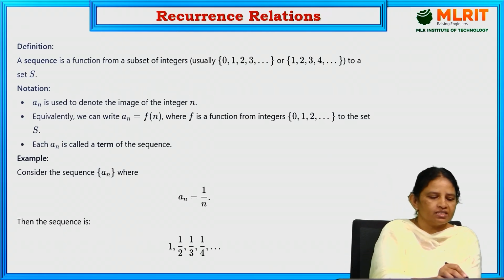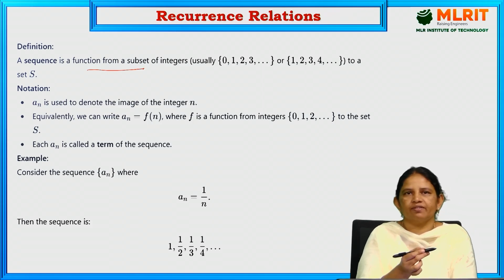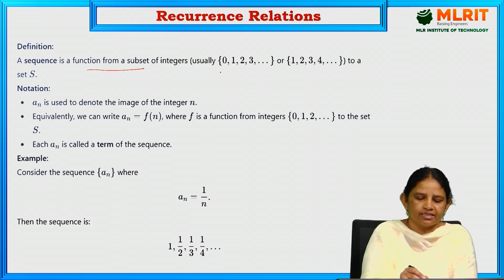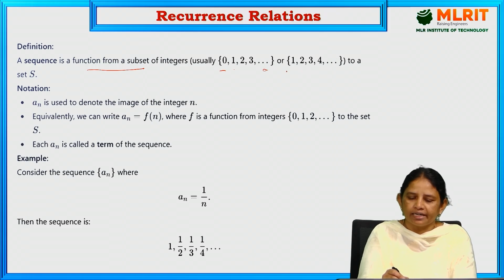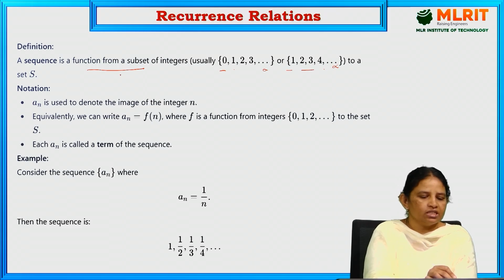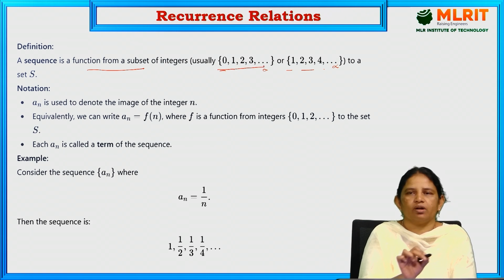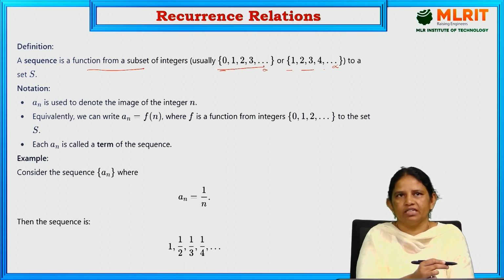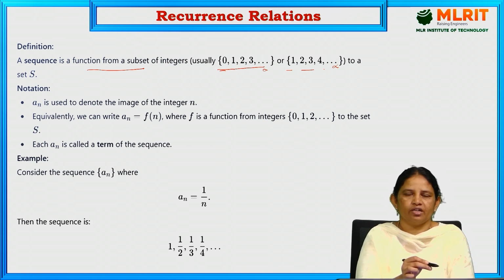A sequence is a function. The sequence consists of integers 0, 1, 2, 3 and so on up to infinity, or it can start from 1, 2, 3, 4 up to infinity. These are called a set of integers.